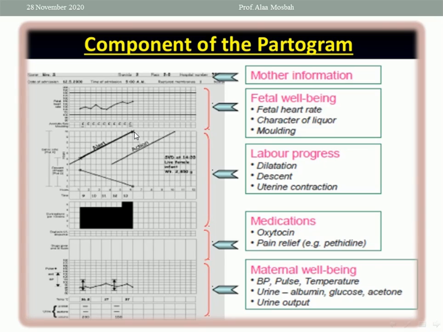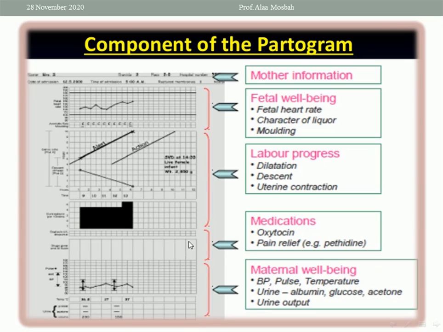The mark X is for the dilatation, and letter O for descent of the head as a marking, okay? And uterine contraction here, in this part, how many contractions per 10 minutes and its duration.